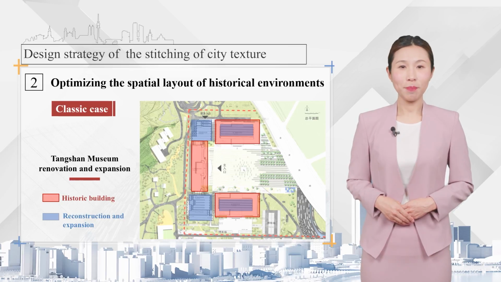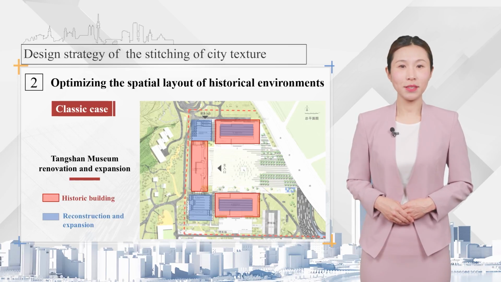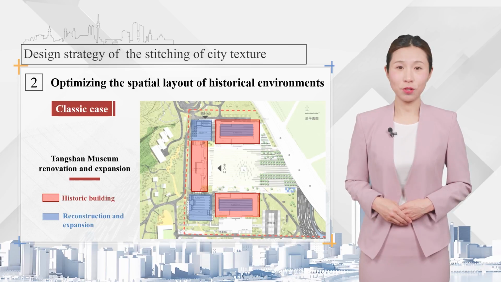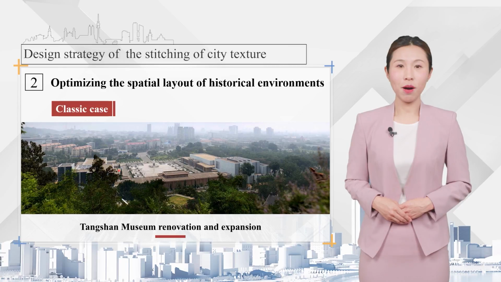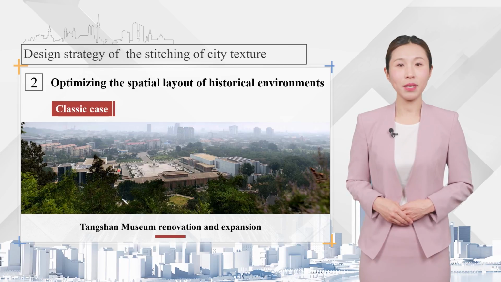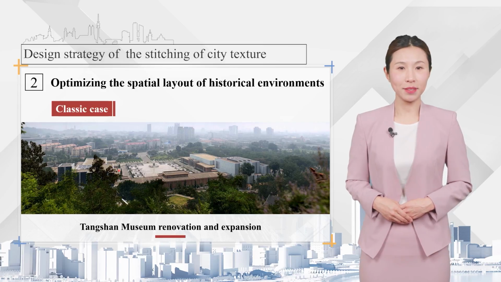The newly added part makes up for the missing of the old building proportion in the overall plan layout and optimized the spatial layout of the historical environment. When we stand in Phoenix Mountain looking towards the museum, the old building is still kept as the main landscape of the whole complex, but the whole space looks full and complete.